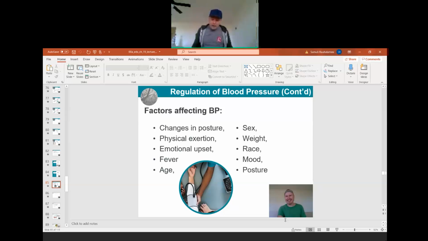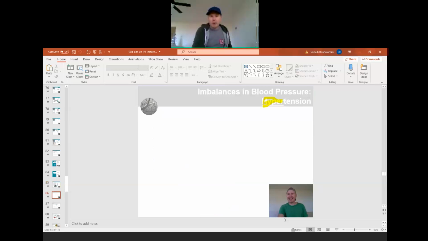If you get upset, your blood pressure can spike up, your mood, your medical state, if you have a high fever, for example. So blood pressure is affected by many things, but it also tells about a lot of things. So that's why we try to measure the blood pressure. It's a great initial indication about what's going on.